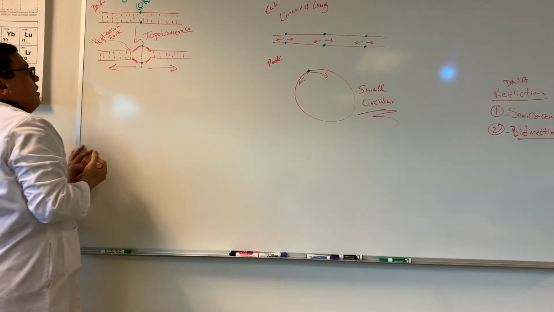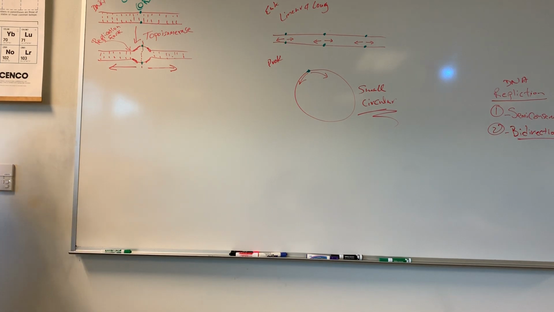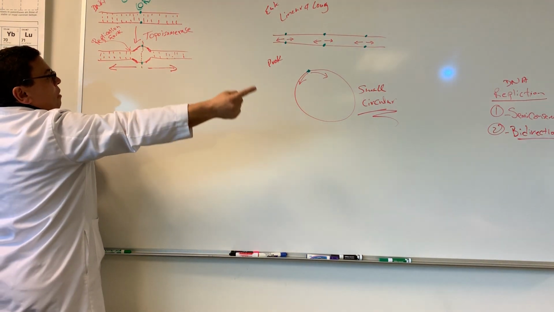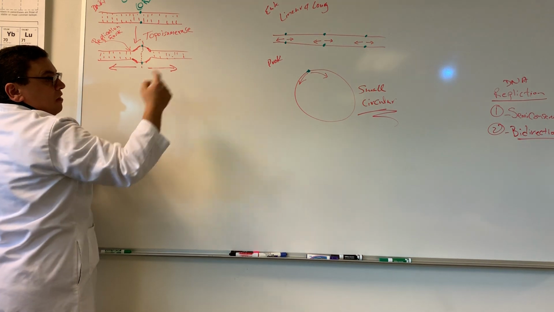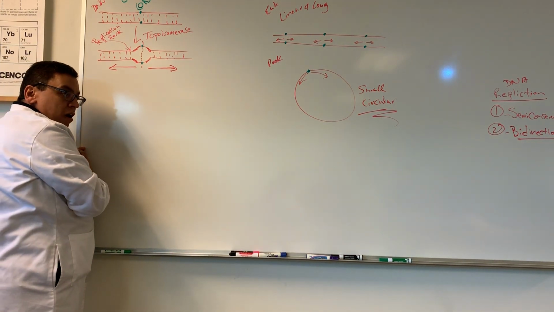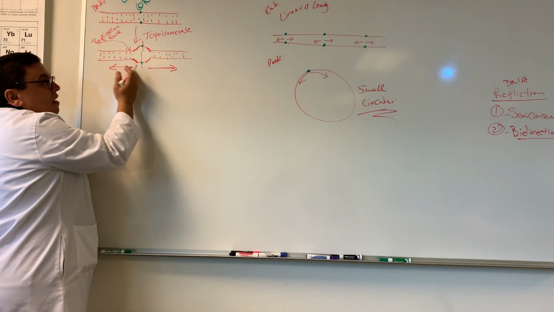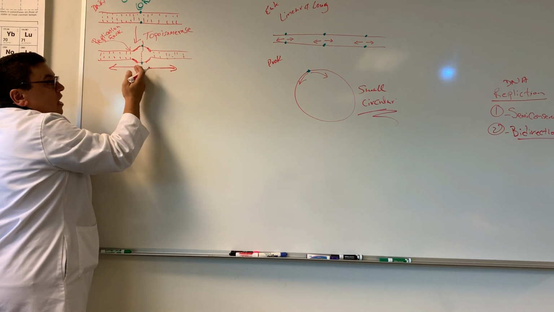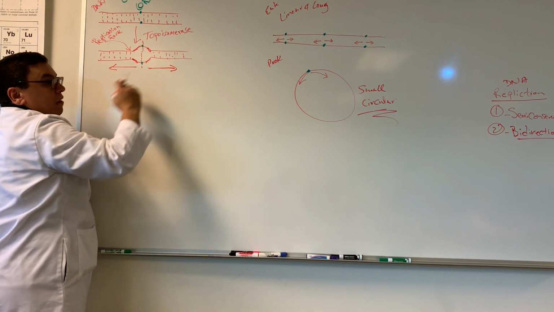So if you look at it, for every origin of replication, there's two replication forks. One on this side, one on that side, because DNA replication is bidirectional. We okay so far? All the events that are happening here will also happen here. It's just that this is going this way, that's going that way.